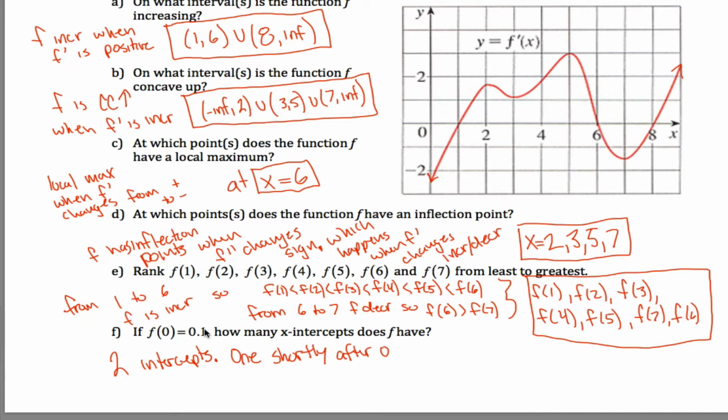Because at 0, my function is slightly above the axis, but the function is going down, so it's going to cross the axis. It's going down, down, down, and then it's going to switch and start going up. And it's going up all the way from 1 to 6.